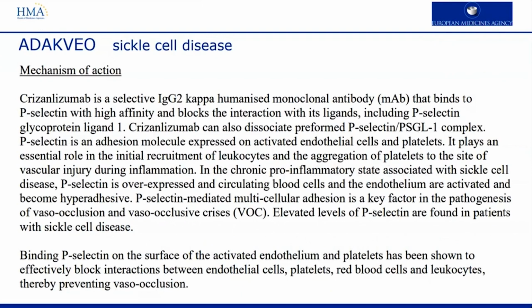It can be given as an add-on therapy to hydroxyurea, hydroxycarbamide, or as monotherapy in patients for whom hydroxyurea or hydroxycarbamide are inappropriate or inadequate. The recommended dose of crizanlizumab was 5 milligrams per kilogram administered over a period of 30 minutes by intravenous infusion at week 0, week 2, and every 4 weeks thereafter.